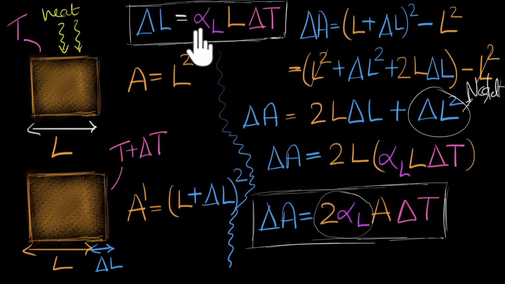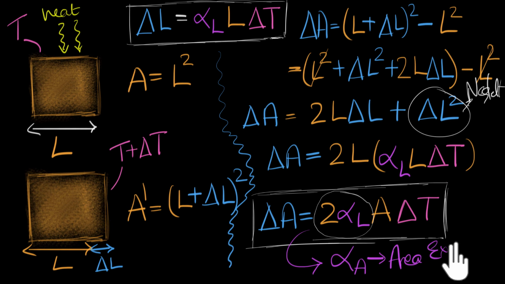So just like how alpha L is the linear expansion coefficient, tells you how much length has expanded, this 2 alpha L, we can now call the area expansion coefficient. And we often write this as alpha A, and we call this the area expansion coefficient.